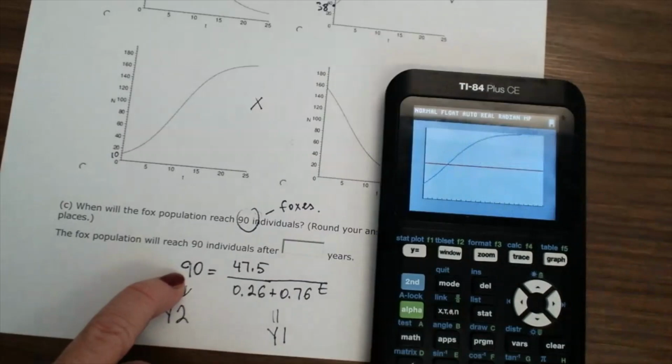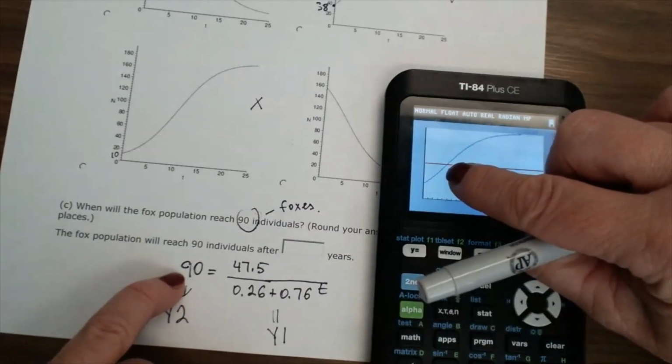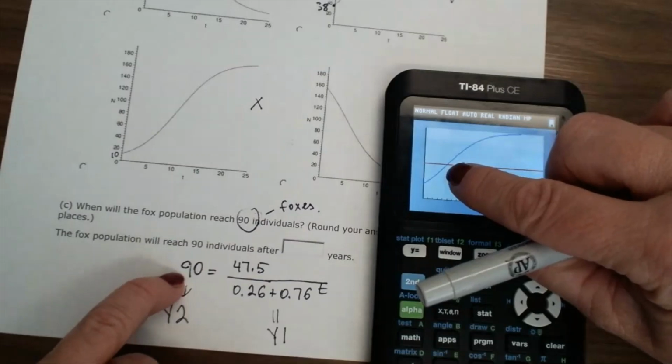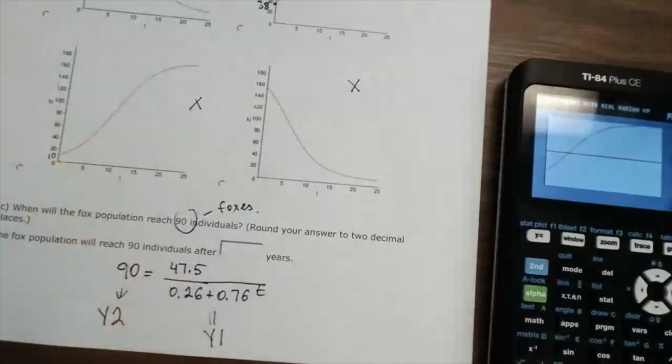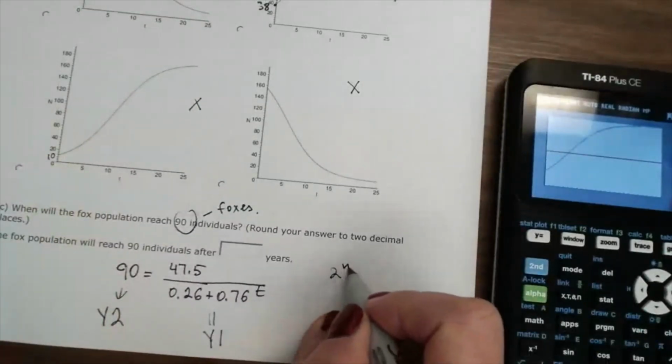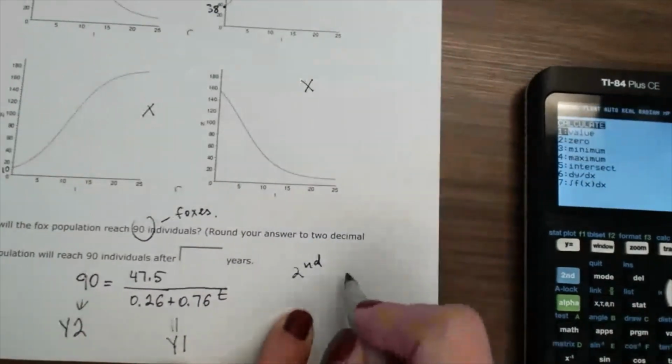And we see that these two lines intersect at this point, and we need to find the x-coordinate of this point. How will we do it? We will press second, and then trace.